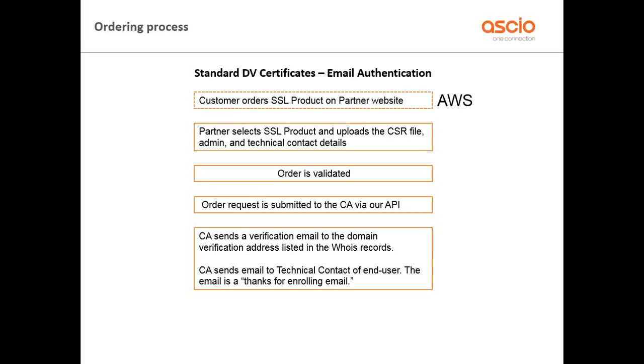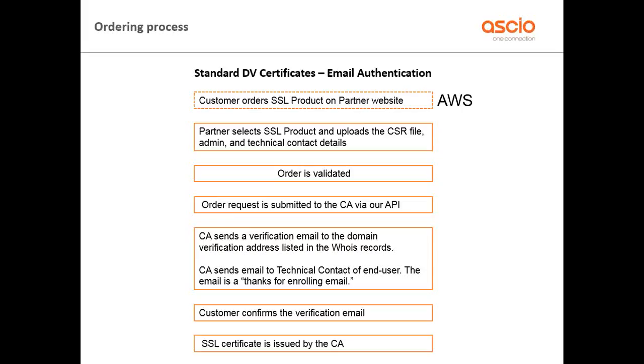They also send an enrolling email to the technical contact of the customer. So no matter what, the CA will always contact the end customer in order to have them verify themselves. Once the customer has verified himself, the certificate is issued by the certificate authority and submitted to the customer directly.